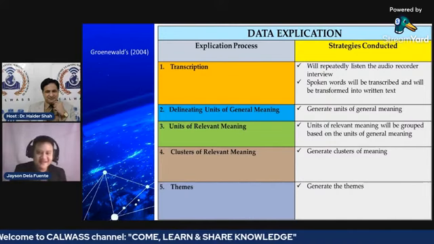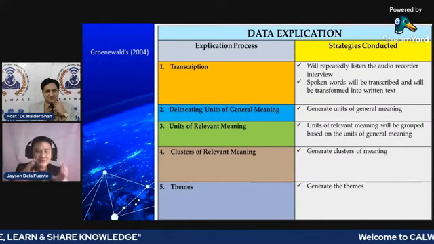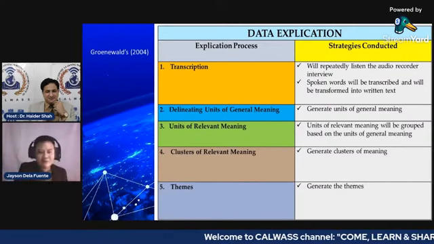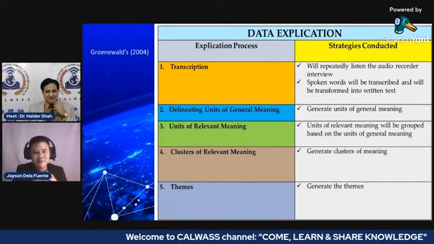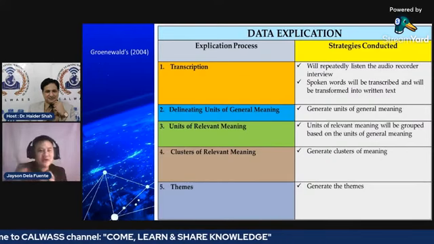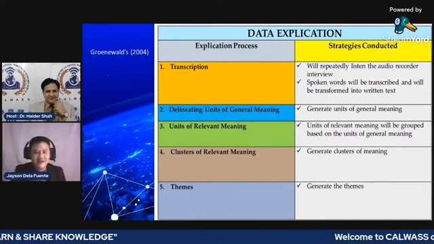From the relevant meaning, you can cluster those responses which can be grouped according to its purpose, according to its nature. Okay, so you are going to cluster those units of relevant meaning. Then after which, you have all the clusters.